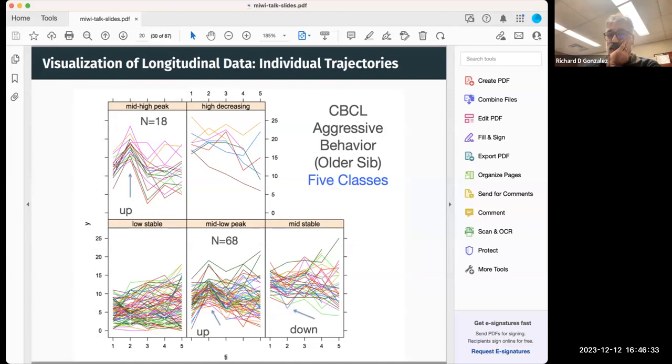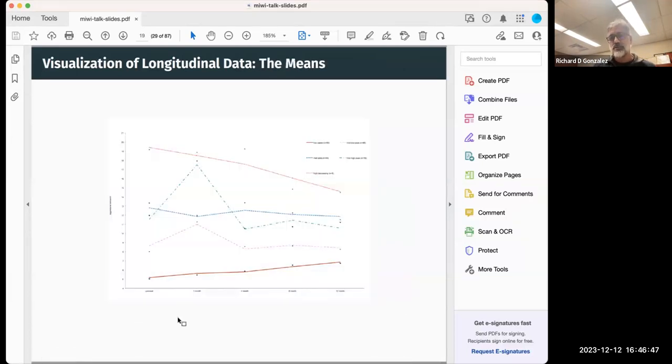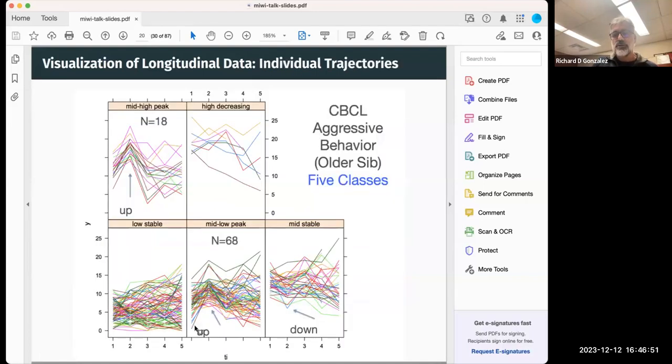There's a lot of variability. And that group that was relatively flat is the low stable group down at the bottom left. Right, a lot of heterogeneity, a lot of individual differences. So just looking at the means completely distorts all of that heterogeneity. So how can we come to understand it?